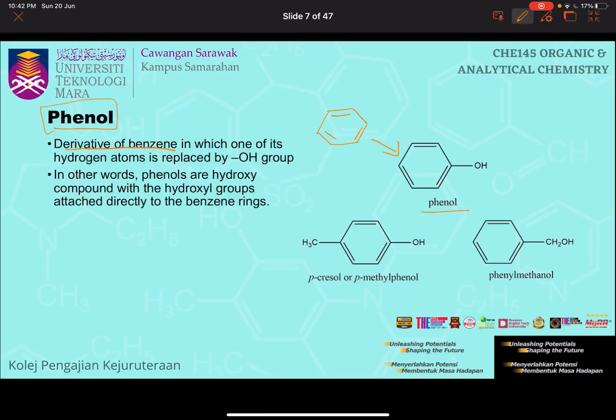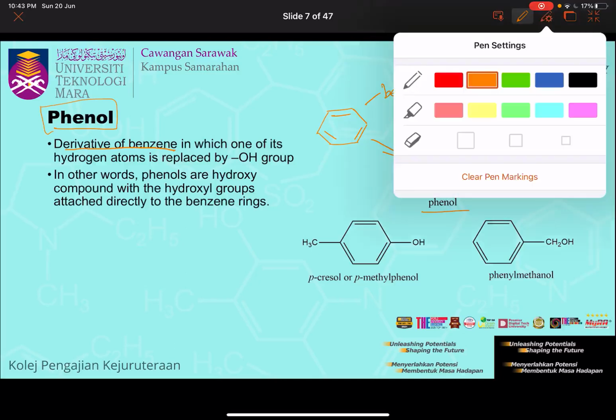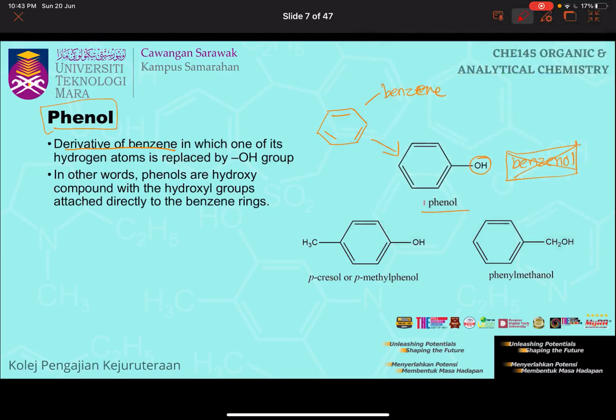Even though this is called a benzene, after adding the alcohol group here, there's no such thing as changing it to benzenol. No such thing. So please be aware that the special name is called phenol.